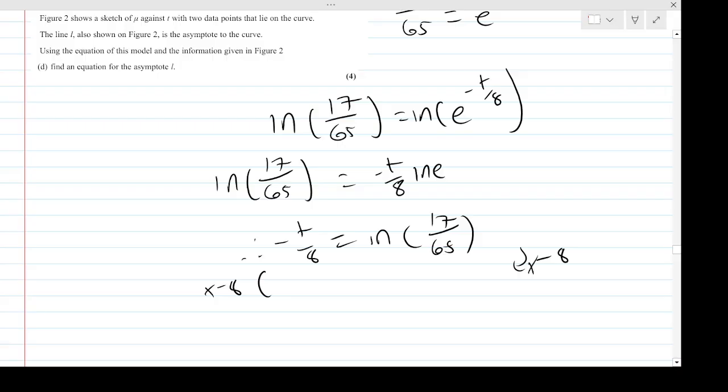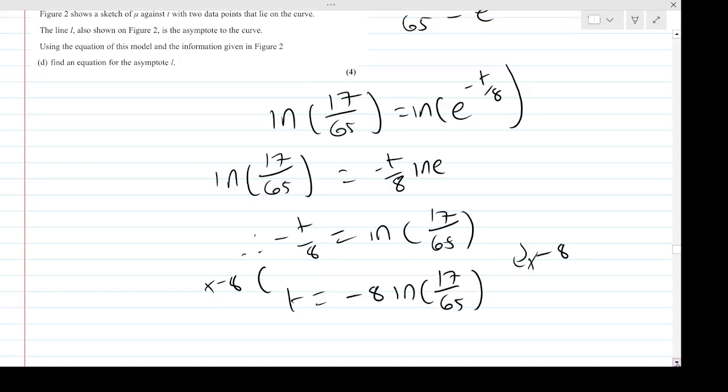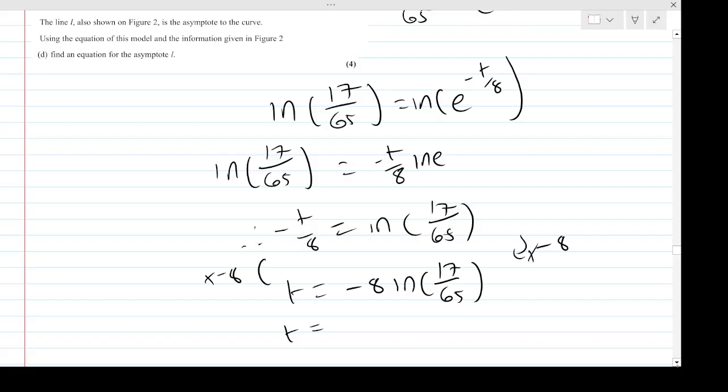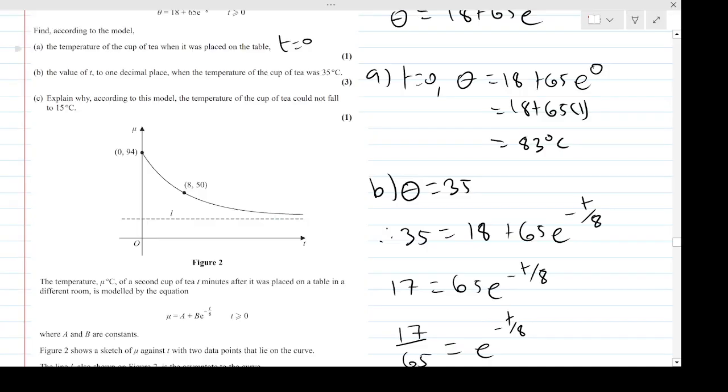So simply t is minus 8 ln 17 over 65. Now if I put that in the calculator, that would be 10.7 minutes, to one decimal place. Yes, to one decimal place. There we are. Cool.